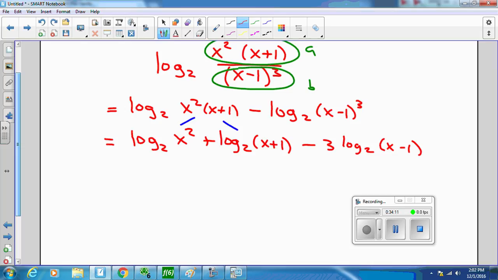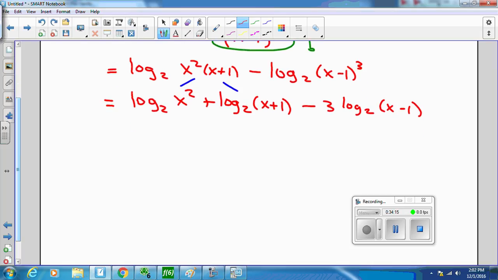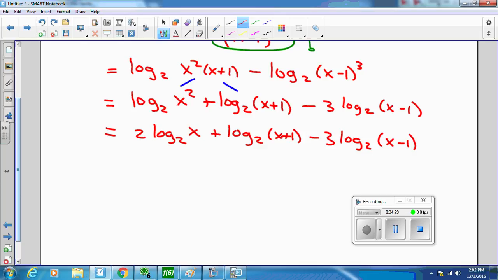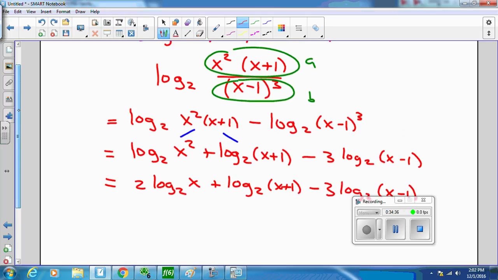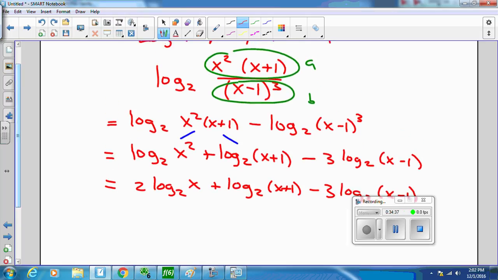And in the next term, I have the log of a power. And finally, I can apply the power rule to that very first term. Just like so.